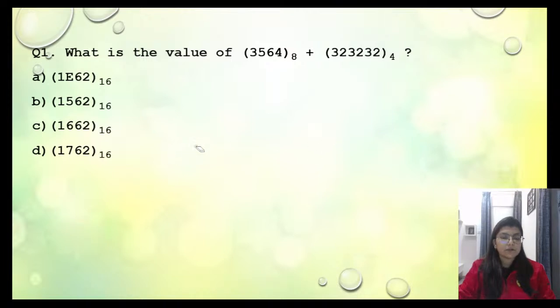Yes, what is the answer to this question everyone? So you can see that the base of the answer is hexadecimal base. This means that you have to first convert both values into the same base and then convert your answer into hexadecimal, right?